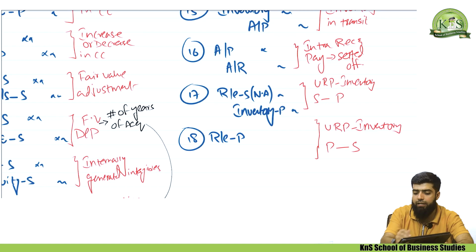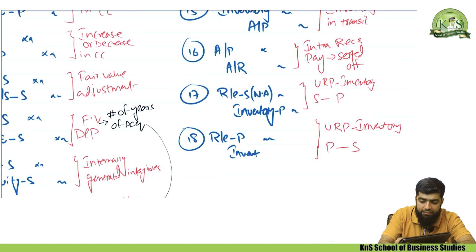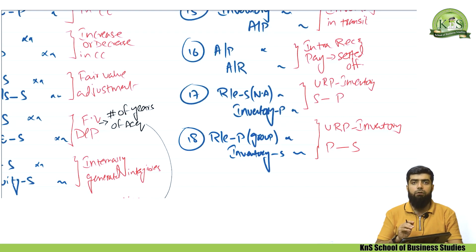It means retained earnings will be debited and inventory of S company will be credited. And we all know that retained earnings of a parent company can only be found in the group retained earnings working, so this profit will be removed from the group retained earnings.